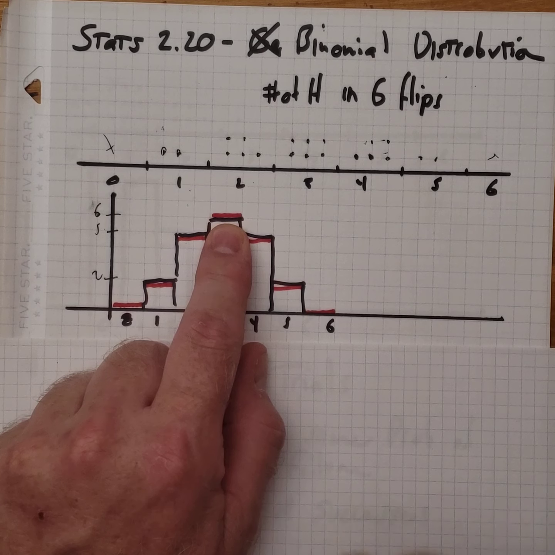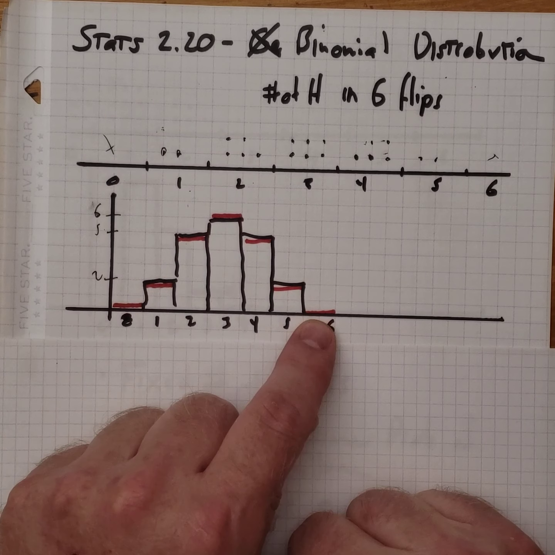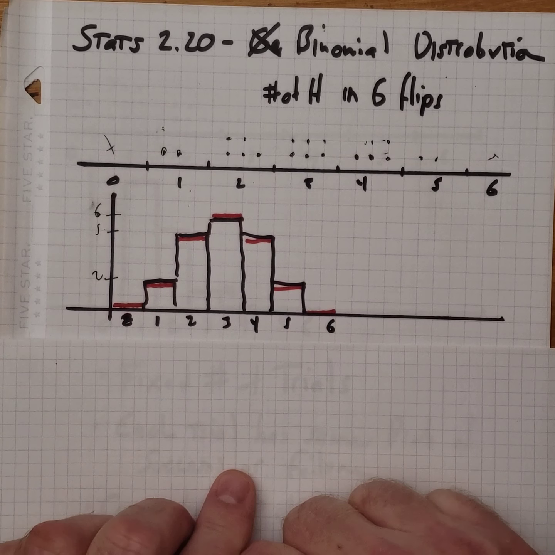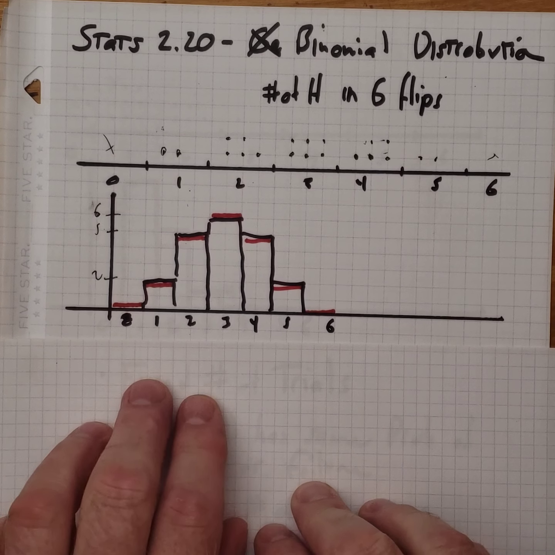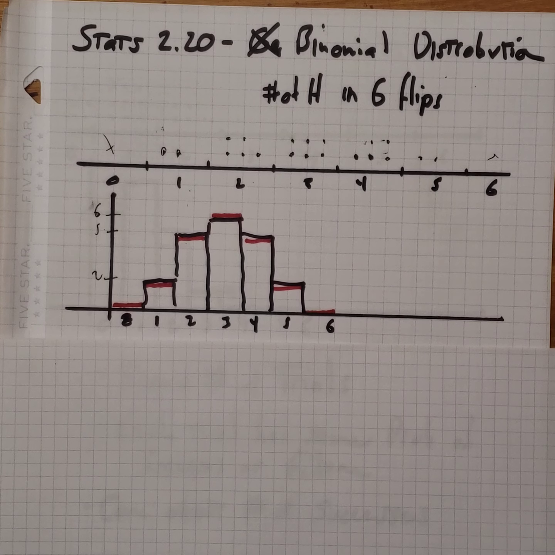When you do it theoretically, you can end up with 6.18, and that's what the red shows there. If we were to round the reds off to the nearest whole number, we would have gotten exactly my empirical results, which actually is quite surprising. When you do something with a small number of trials like 20, you should not get exactly what the theoretical probability implies. That's actually fairly unusual.